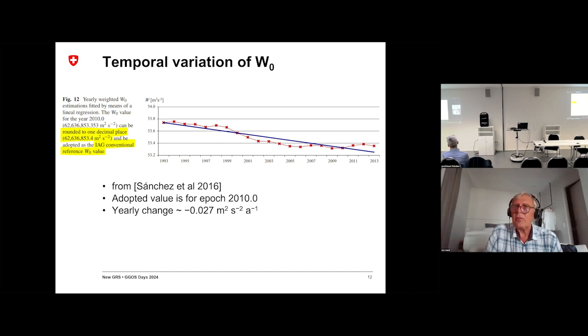And the adopted value for the W0 is a rounded value for the year 2010. And I think we should not change it, and will continue to use the W0 value as it was adopted in 2015.